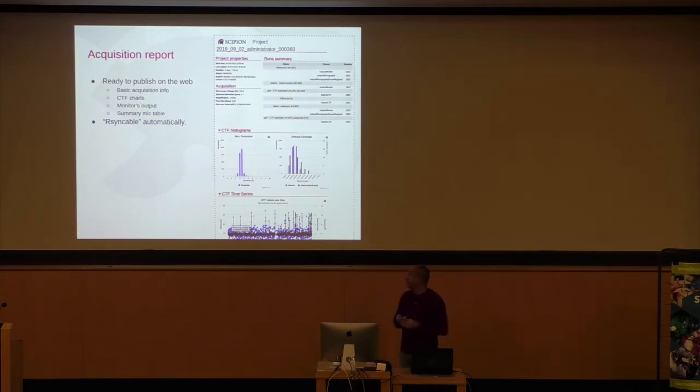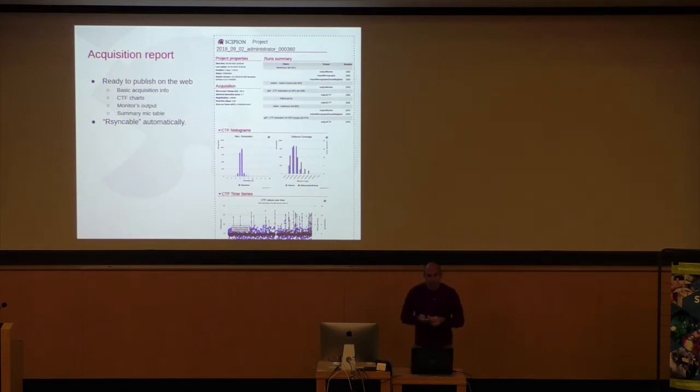Also, you can get an HTML report of the acquisition. And this HTML report is rsyncable, so with an rsync that could be built inside the Scipion protocol, you can rsync this to some public URL. So the user, or you, if you are off the site, can reach that report.